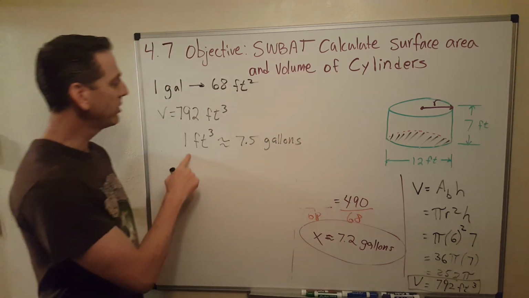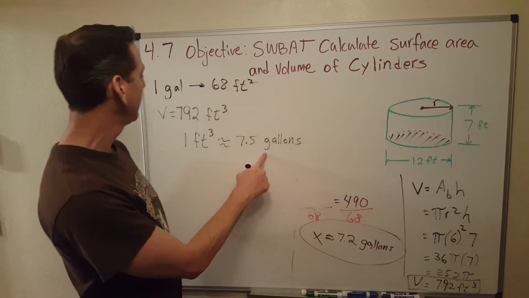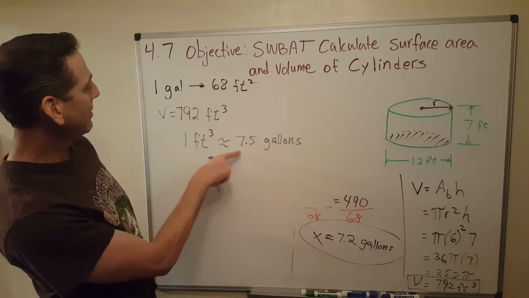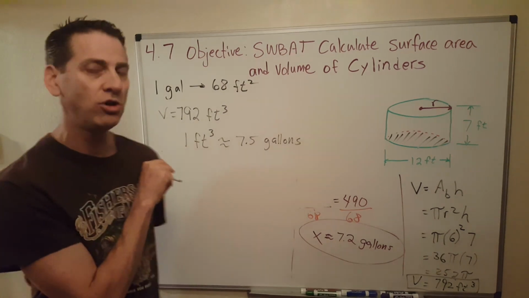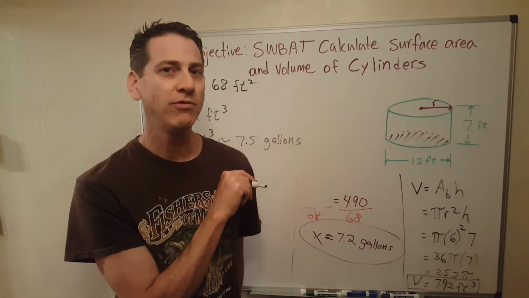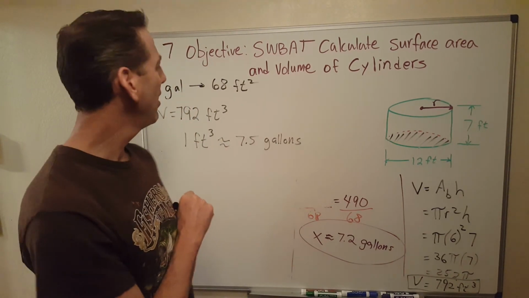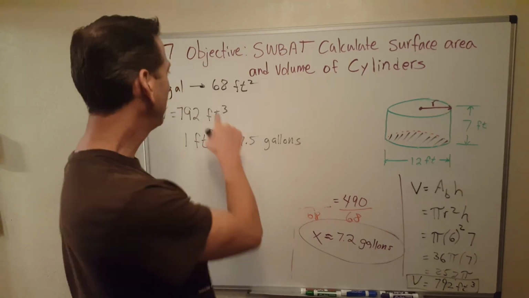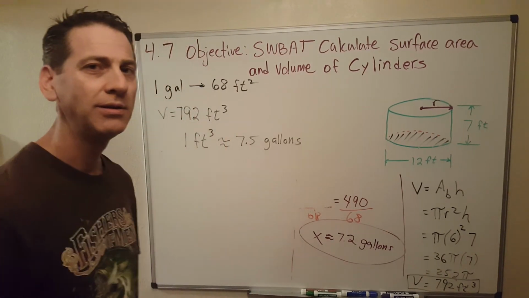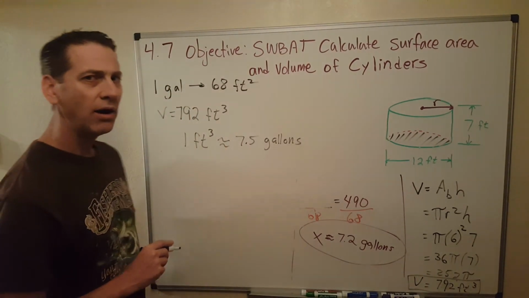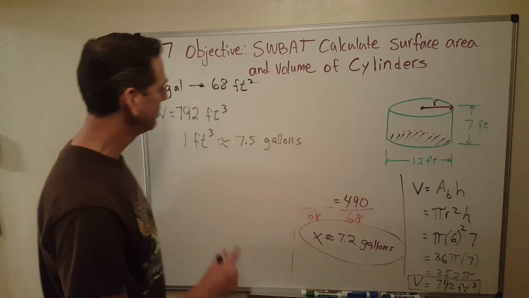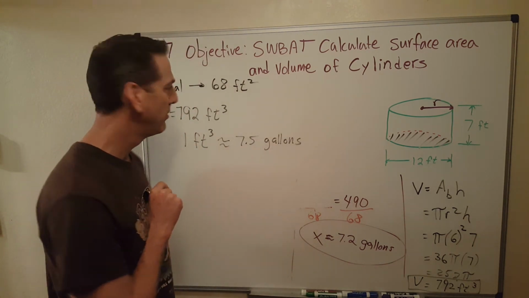All right, so if 1 cubic foot is about 7.5 gallons, how many gallons is in 792 cubic feet? Sound familiar? Pause the video and see if you can figure it out. How many gallons is 792 cubic feet? All right, let's see if you got the right answer. This is a proportion problem, right?